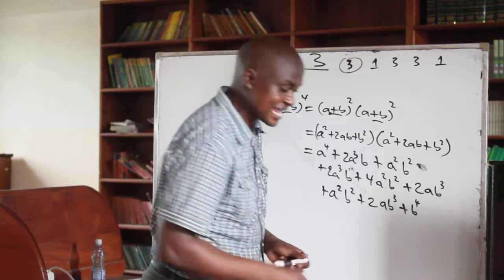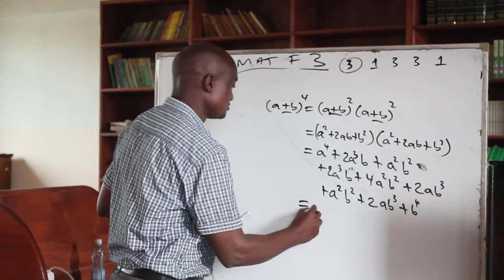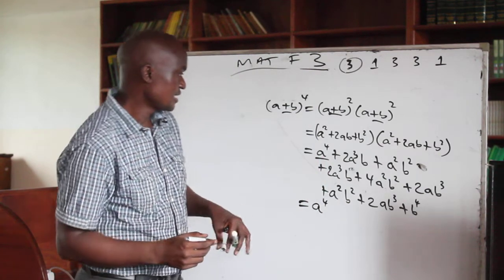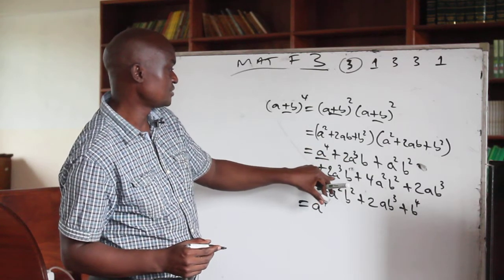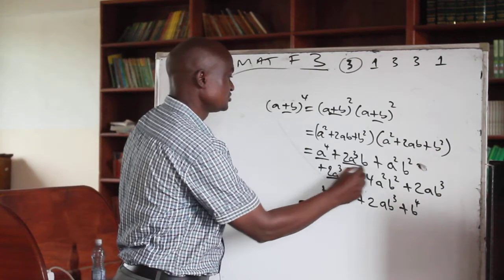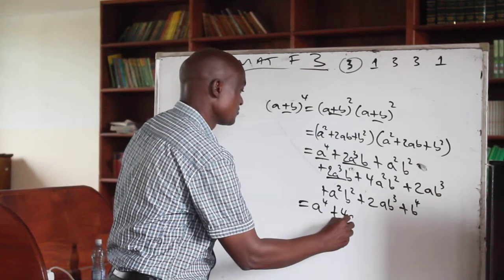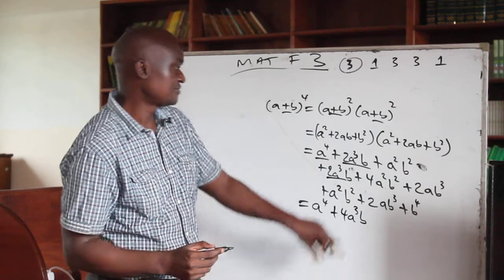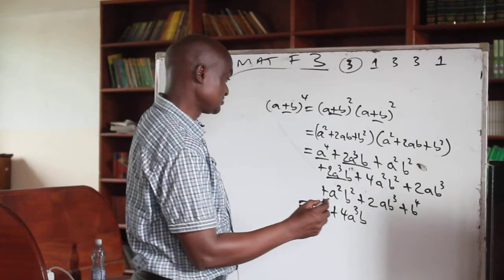So do we have like terms here? The first term that we have, of course, will be a power 4. Here we have 2a power 3 b, 2a power 3 b. So this one and this one are similar. That gives us plus 4a power 3 b. Then we have a squared b squared here, and here we have a squared b squared.